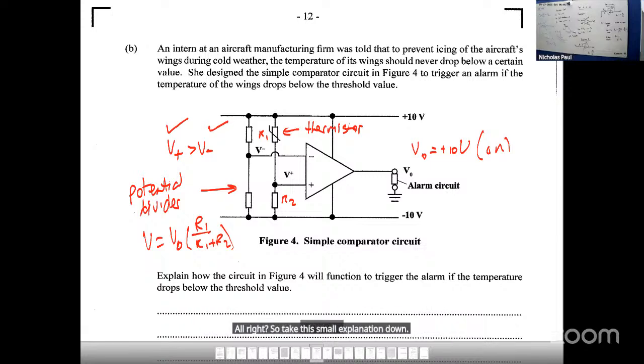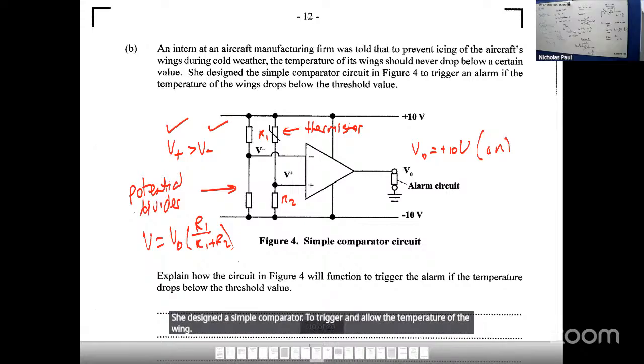Hold on, let me just make sure I have everything. An intern at an aircraft manufacturing firm was told to prevent icing of the aircraft's wings during cold weather. The temperature of the wing should never drop below a certain value. She designed a simple comparator to trigger an alarm if the temperature of the wing dropped below a threshold value.